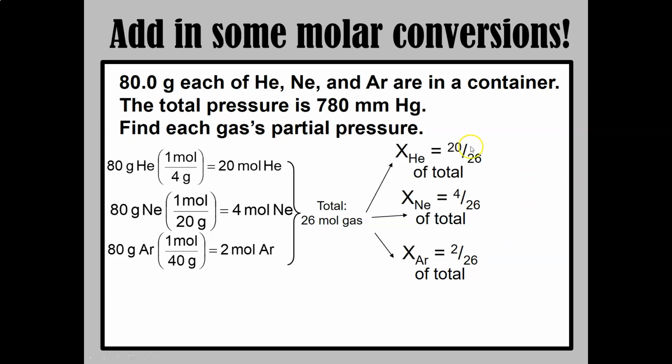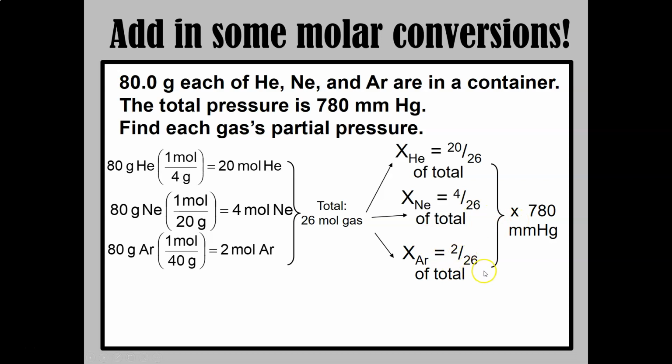To get my partial pressures, I'm going to do mole fraction times the total pressure, and the total pressure was 780 this time. So this times 780 gives me one answer, this times 780 gives me one answer, and this times 780 gives me an answer. I'm going to have 3 separate answers. So 20/26ths of 780 is 600. 4/26ths of 780, 120.